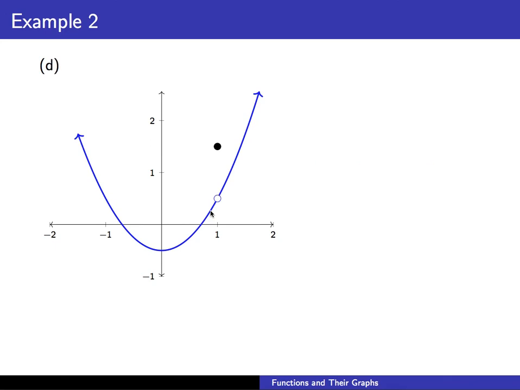All right, part D. Now let's put a hole there below the point. And now if we draw a vertical line, it'll go through that point that's at about 1.5 here. But again, there's a hole in the graph, like we saw with some of the graphs from set builder notation and interval notation in that section.